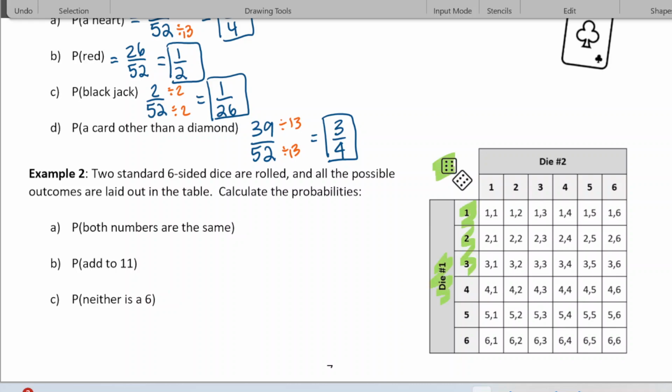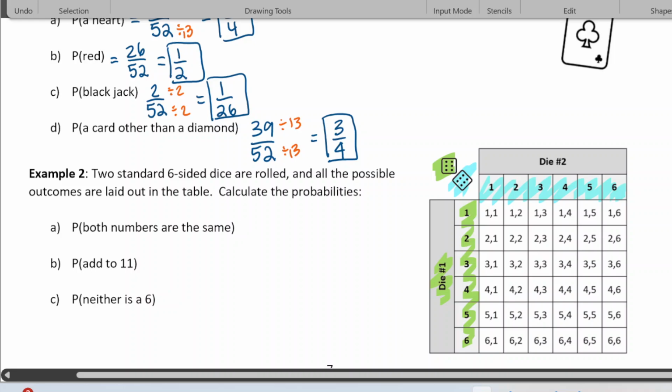You can get 1 through 6, and then on the second die, you can get 1 through 6. So there's 36 things that can happen when you roll 2 dice. I'm just going to erase those because I'm going to use my highlighters here in a second. Okay, so this table shows all the different things that can happen, and we're going to calculate all of these.